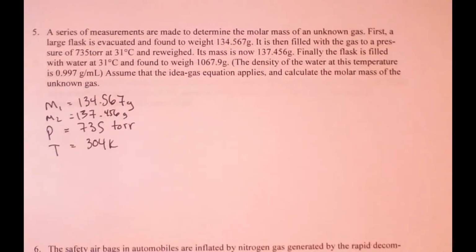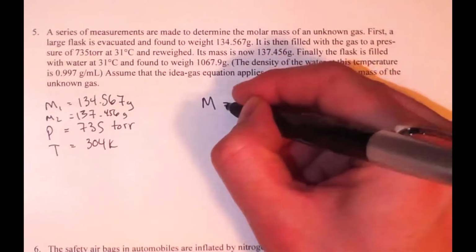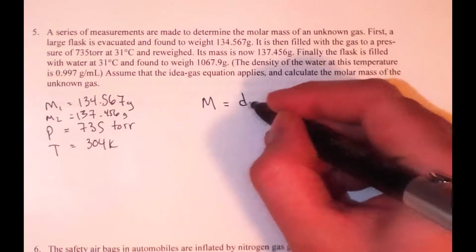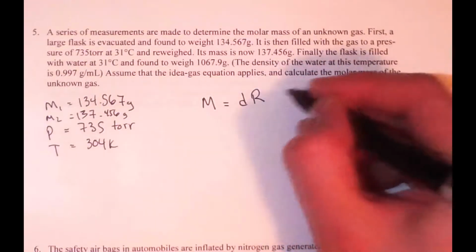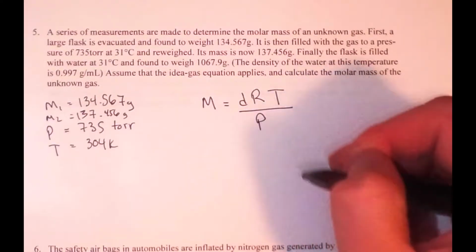So the first thing we need to worry about is just what exact equation we're going to use. We have one for this exact case, the density one. Molar mass is equal to the density of the gas times the ideal gas constant times the absolute temperature divided by the pressure.